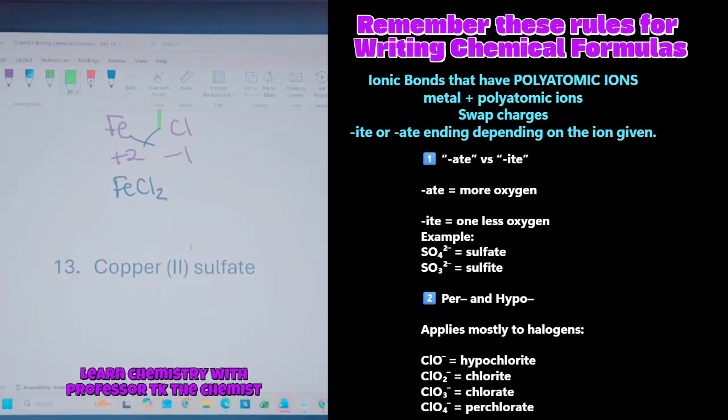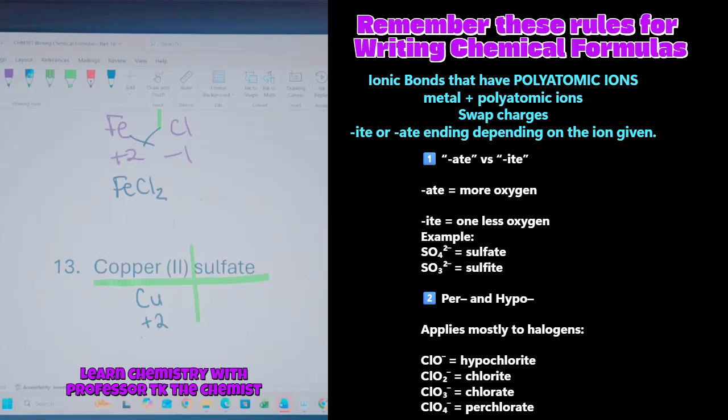Okay. So now when we look at copper 2 sulfate, we got 2 things going on here. You've got copper with the +2 charge. See right there, we just talked about those elements that have more than 1 charge. So copper, Roman numeral 2.